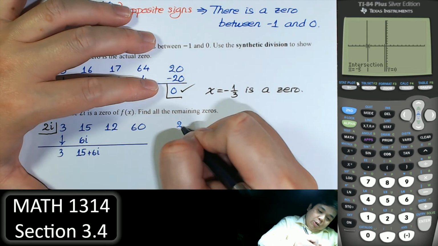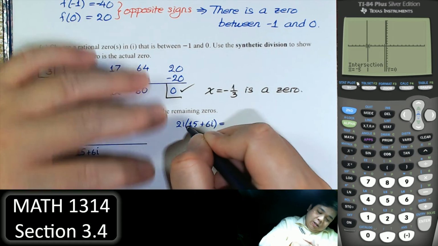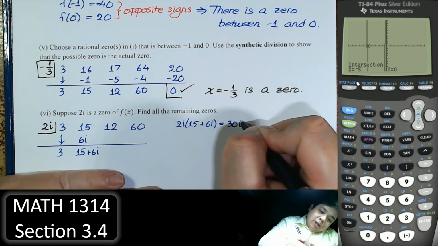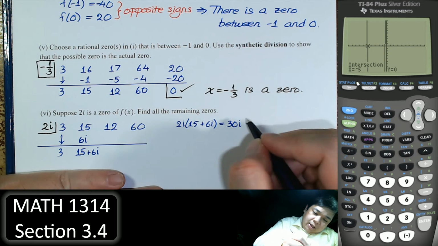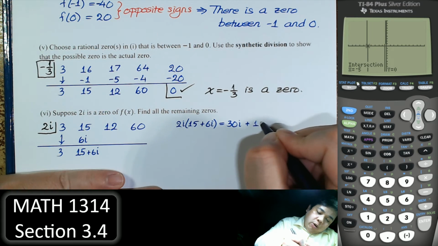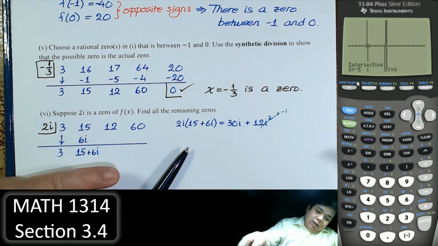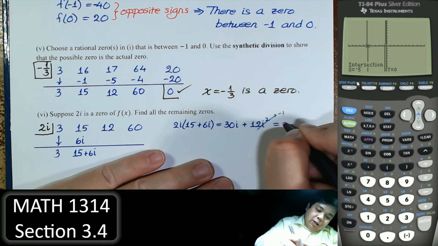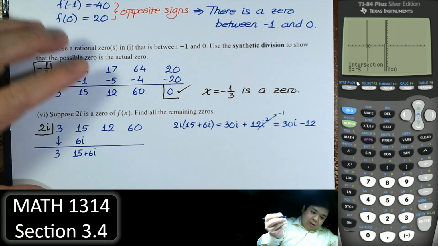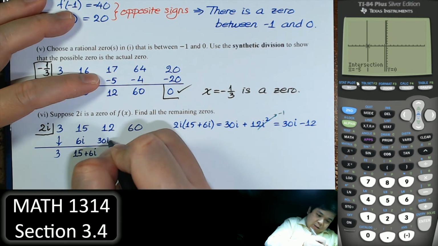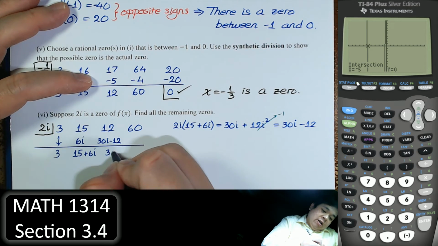Well, 2i times 15 plus 6i, that's 30i plus 12i squared. i squared is -1, so that is 30i minus 12. The 12 and minus 12 cancel out, we just have 30i.